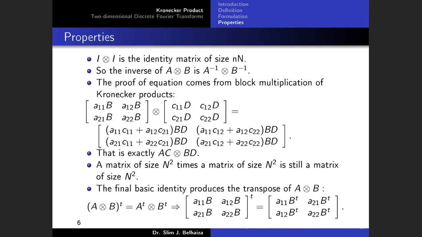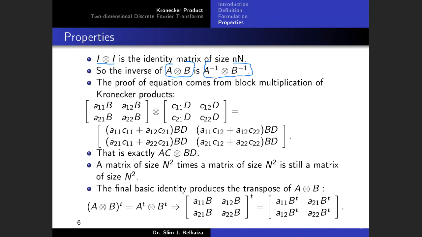So these are the main properties. If you have I⊗I, you get the identity matrix of size small n by capital N, and from the previous result in equation 4, the inverse of A⊗B is A inverse ⊗ B inverse.